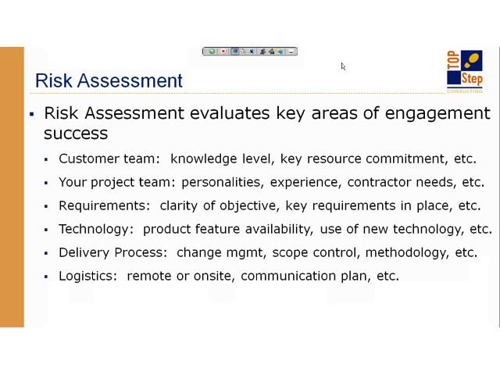The basic things that we want to make sure are clear in the risk assessment is, do we have a clear objective of what the customer is trying to achieve? If there's any kind of wavering on what the objective is, that may end up introducing scope creep and changing the direction of where the project's going. Do you have all the key requirements in place? Are they clear?